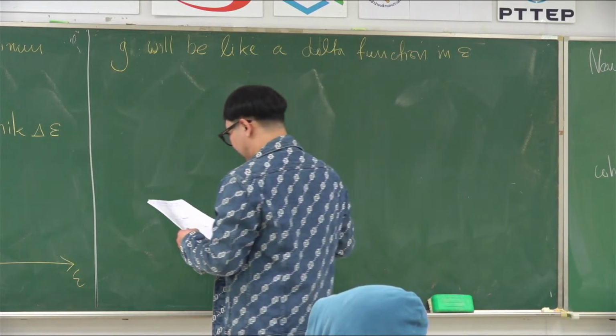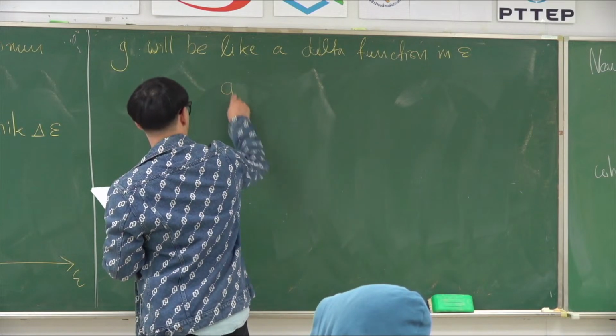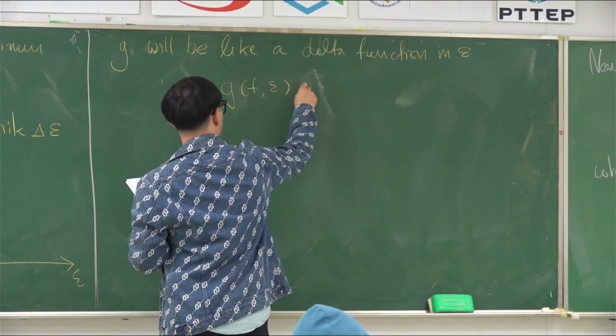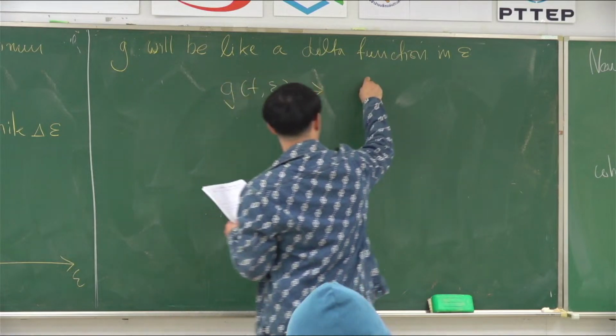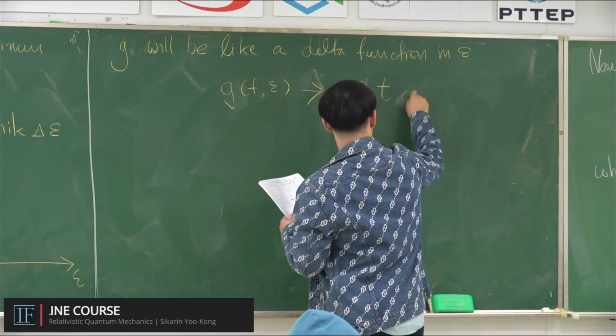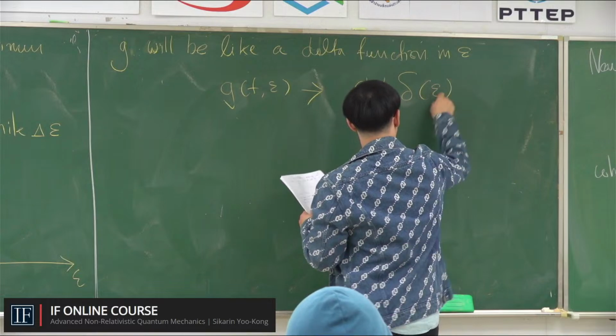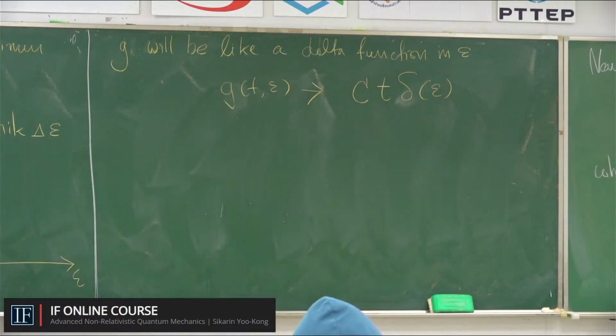So we can say that your G will be some constant times t with the delta function, which actually depends on the epsilon.